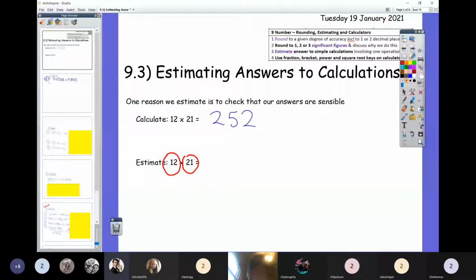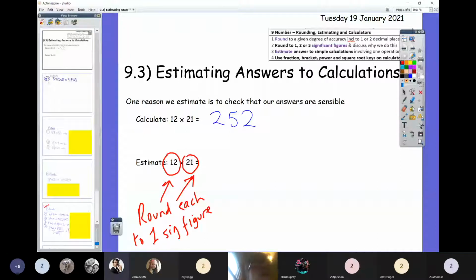There we go. So each of these numbers, the 12 and the 21, needs to be rounded to one significant figure. And that's what we were doing yesterday. Remember, that's when you round each of the numbers to only have one digit that is not a 0.